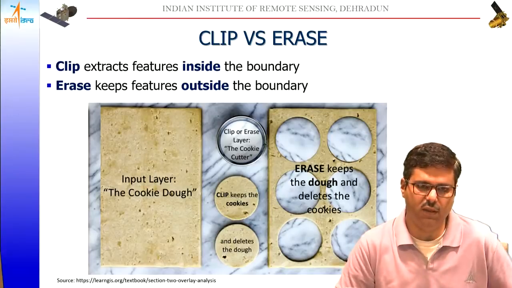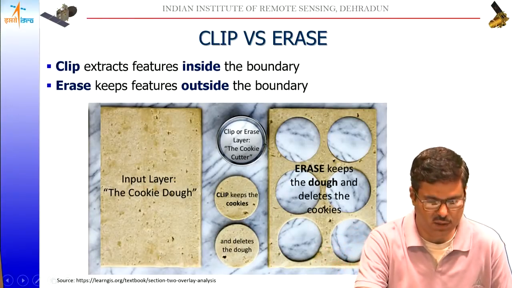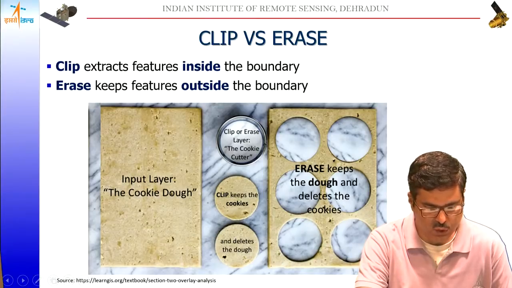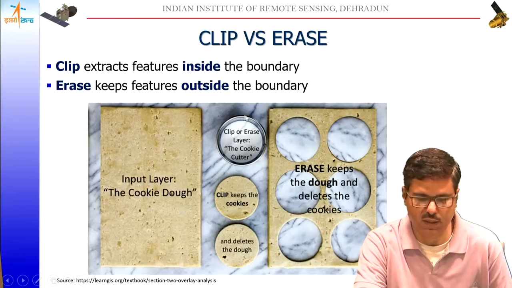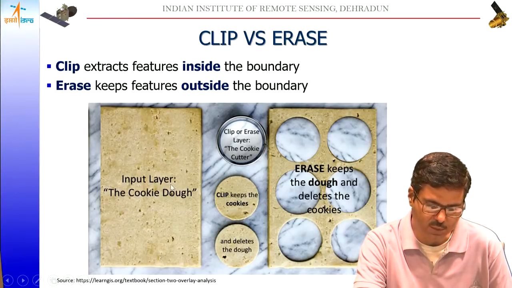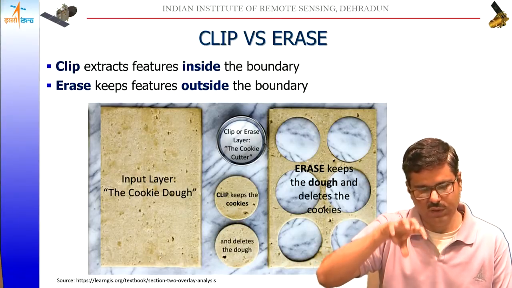Now to understand this in a little more detail, let's again take the example of a dough. If we have an input layer and we have our clip or erase layer as a cutter, then what the clip operator does is it keeps the cookies and deletes the dough. So if we take the clip as a cookie cutter, we get only whatever is inside it.